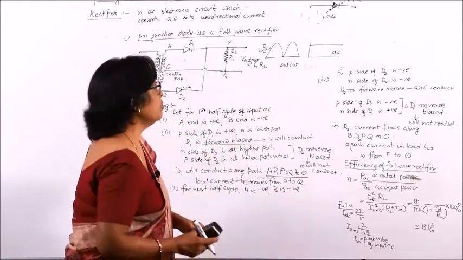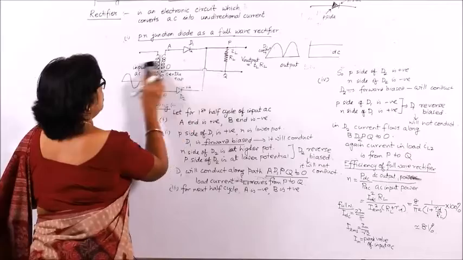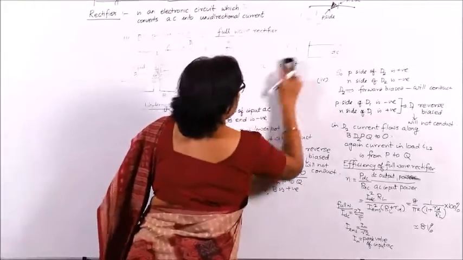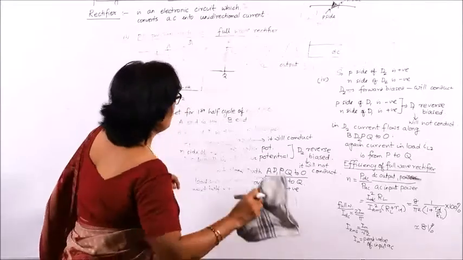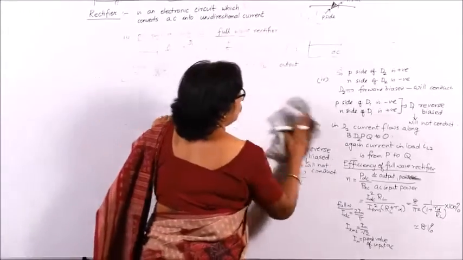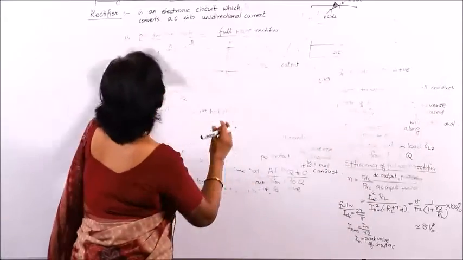So, we will move over to the next part of the course, the special diodes. There are other special PN junction diodes. One, I have already given you a hint, is the Zener diode.